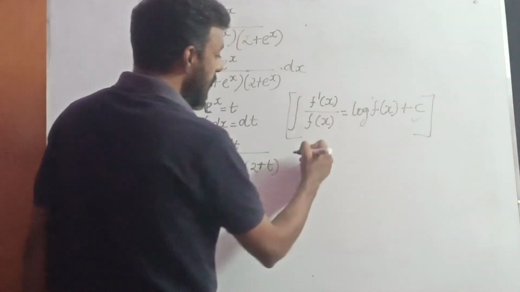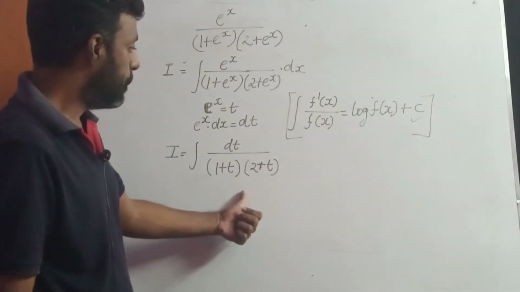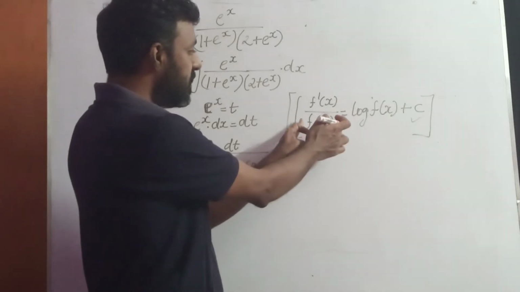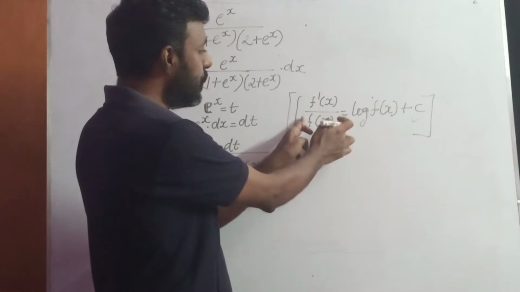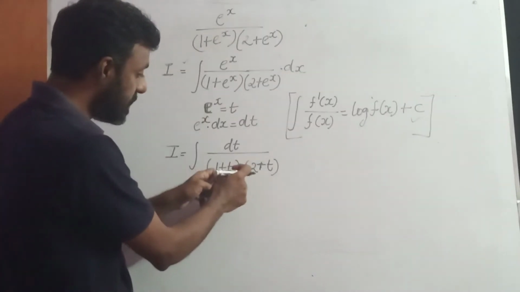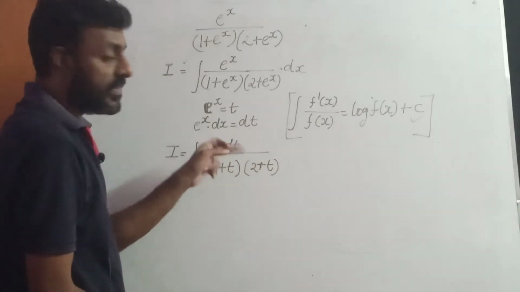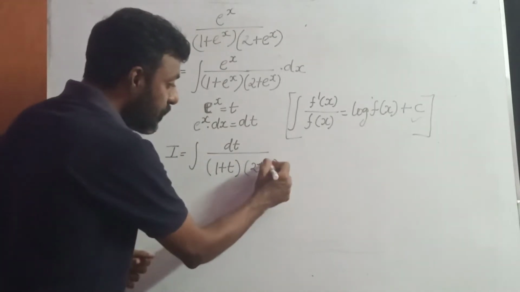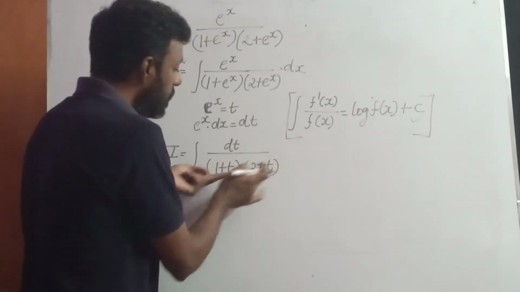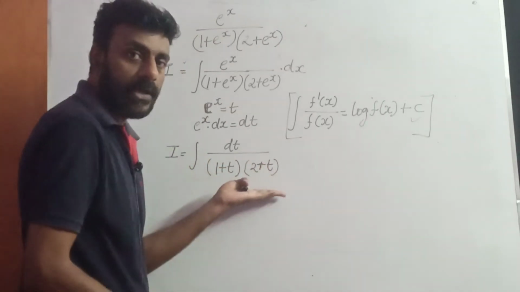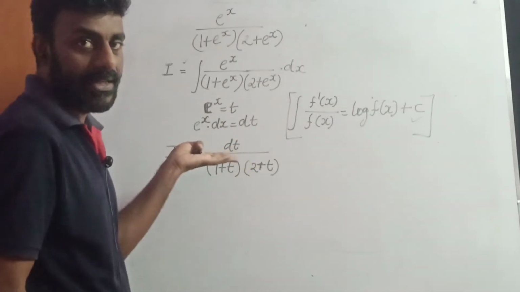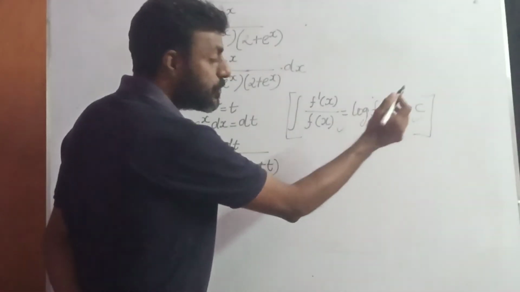Similarly, for 1 plus t, the differential of t is dt. For 2 plus t, the differential of t is dt. So the principal term is in the denominator and its differential is in the numerator, that is dt, so I can go ahead with this formula.